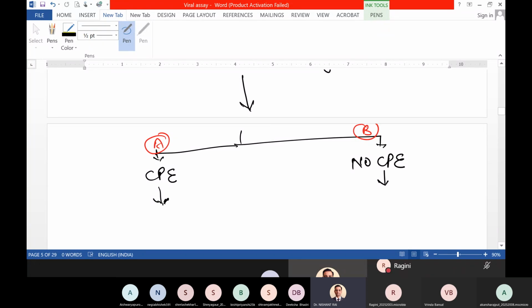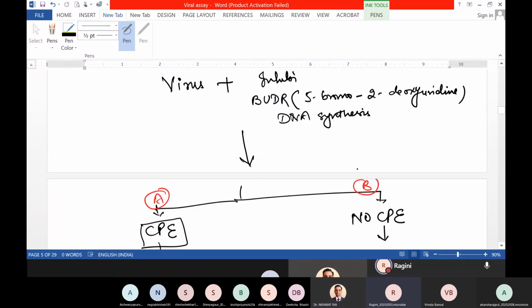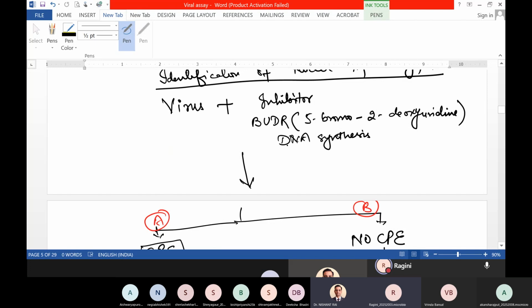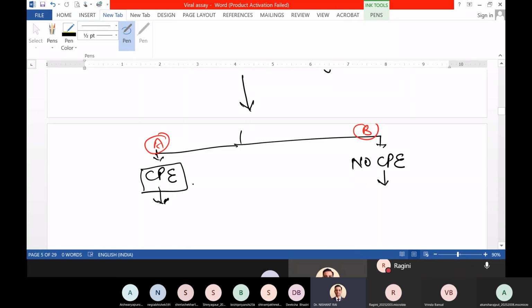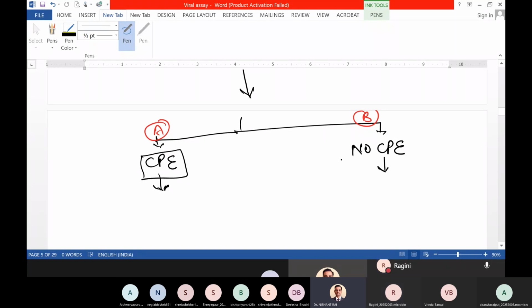Yes. Will this inhibitor be the same for both DNA and RNA, or different? I have used BUDR, which is a DNA synthesis inhibitor. Okay, sir. I have used an inhibitor which will inhibit DNA synthesis. In observation A, CP is observed. In B, no CP is observed. We are assuming that there may be two kinds of possibilities.